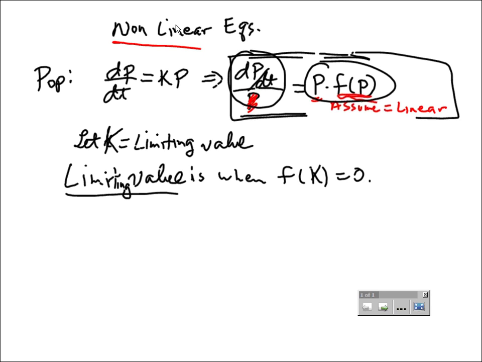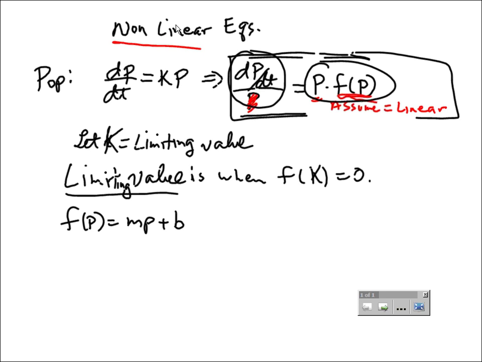K is the most number of people, bacteria, books, whatever, that you can have. You can't have more than that. Now, f of p, we agreed was linear, so it's np plus b.